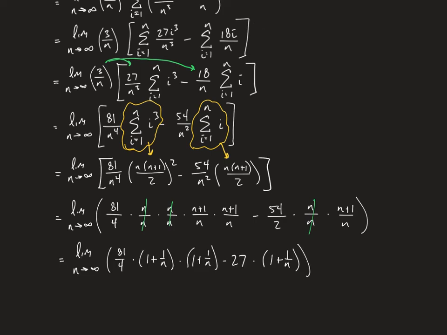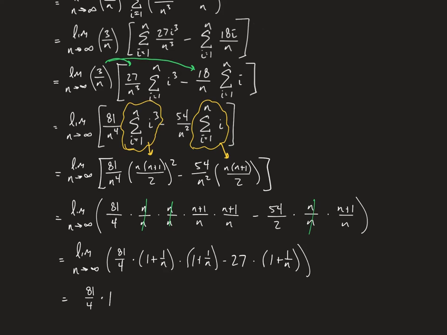And so now at this point, we can evaluate this limit, and we can say what is going to happen as each of these n's approaches infinity. We'll say in this first case here, we're still going to have 81 fourths, but that's going to be times 1, essentially, right? Because if that number is approaching infinity, then this part of the expression is approaching 0.